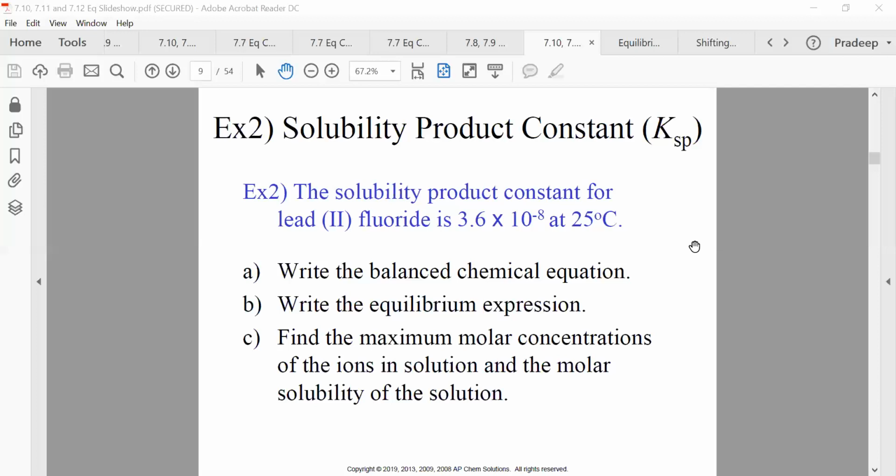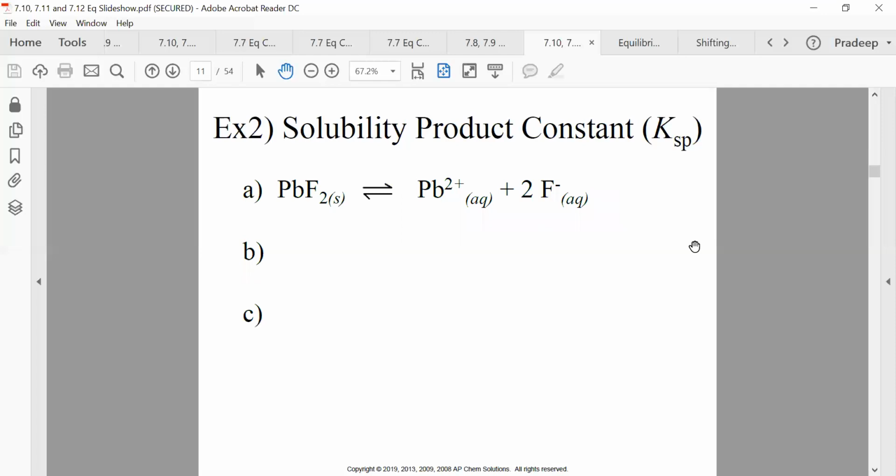So, okay. Now, can we write the equilibrium expression for that equation, everyone? So that's the equation. PbF2 will give you Pb2 plus 2F minus. Now let's write the KSP equilibrium expression. So KSP is equal to what?